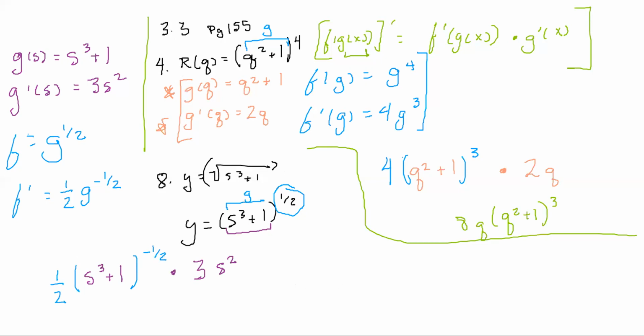So I'm going to write it all out in a simplified way. I'm going to have 3s squared over 2 times s cubed plus 1 to the half. So basically, this is the exact same thing as this.